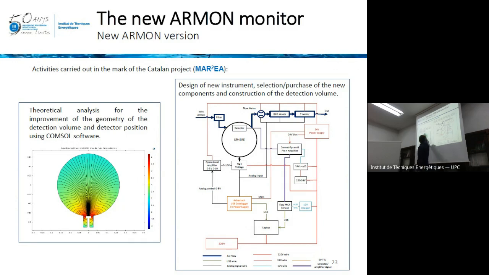Yes, this is metallic with high voltage. In the old instrument, it was 8 kilovolts. In the new instrument, you can get 10 kilovolts, because now that we have a more regular geometry, we can also increase the voltage.